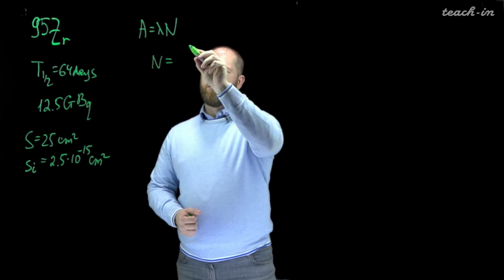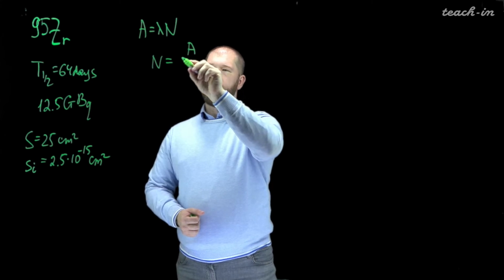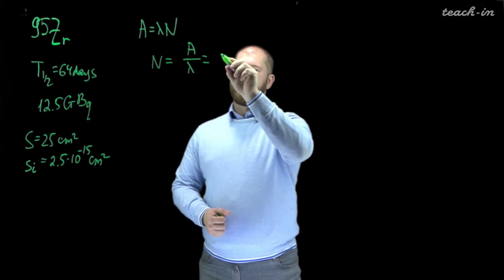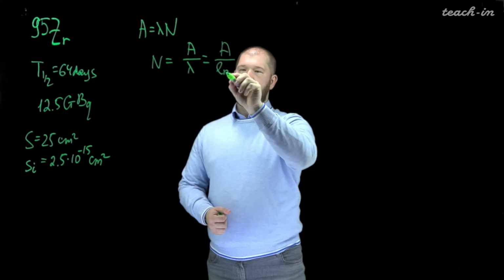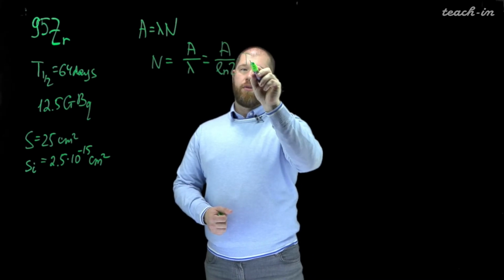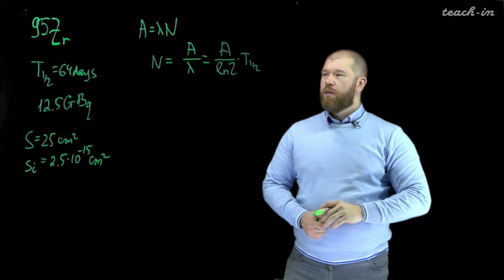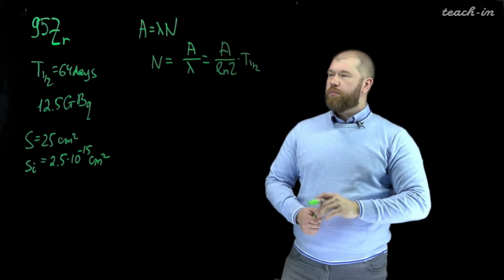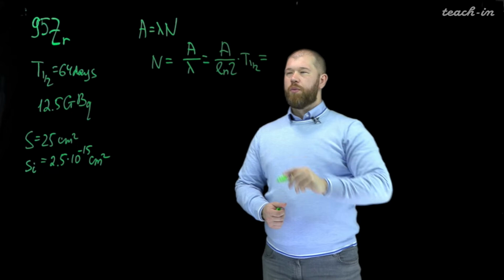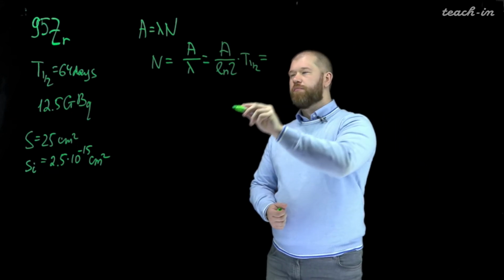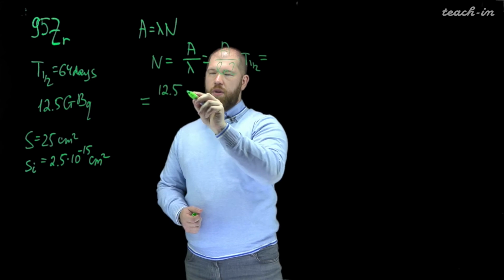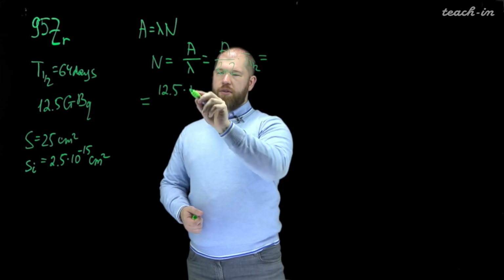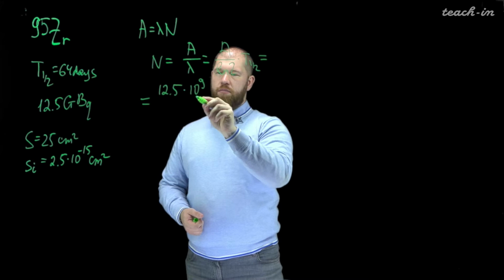So we will do it like this. Multiplied by... So we know the activity, 12.5 gigabecquerel. Giga means 10 to 9 becquerel.